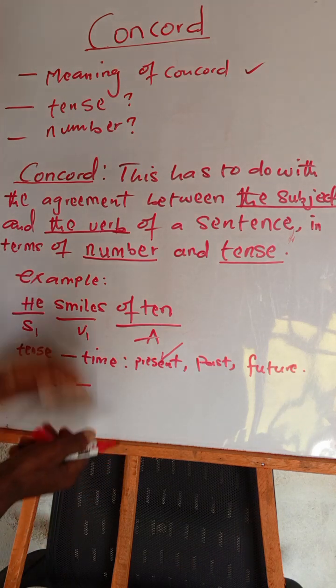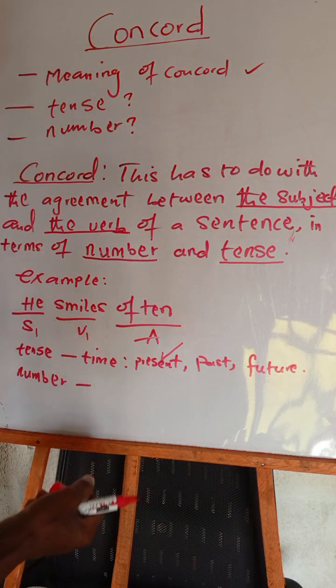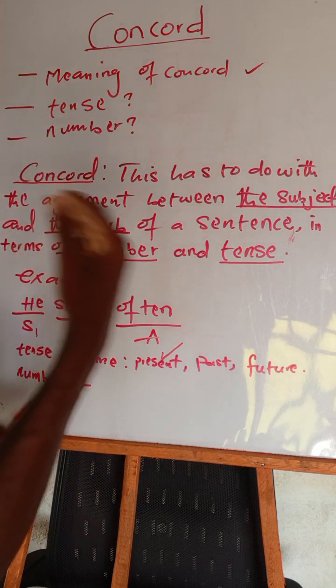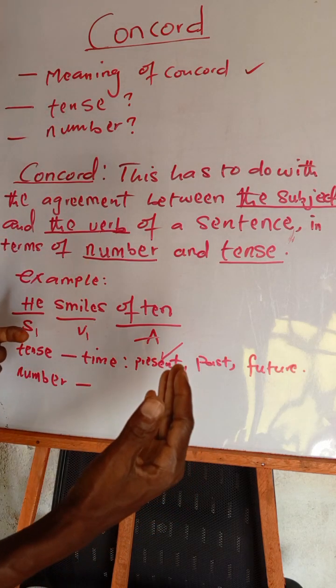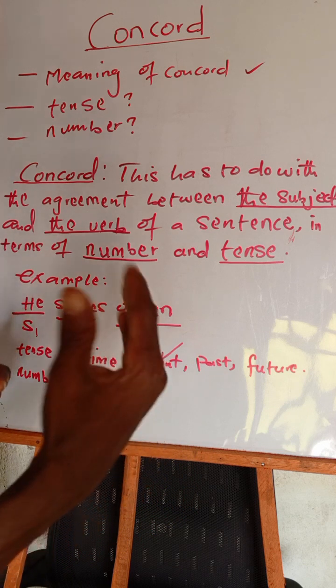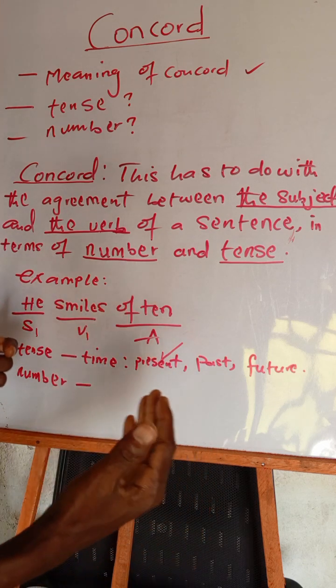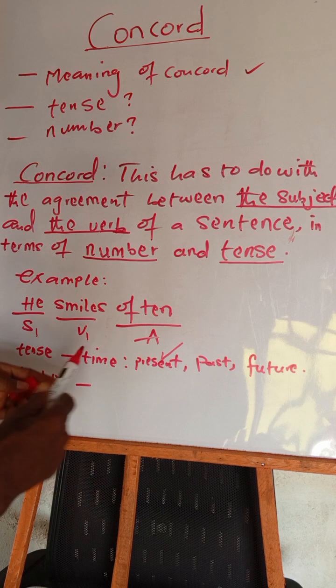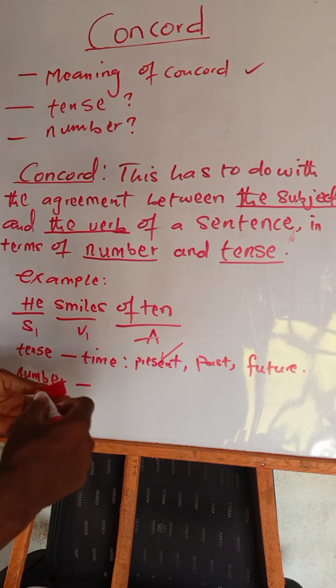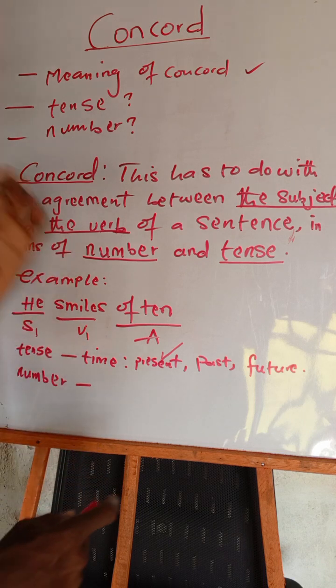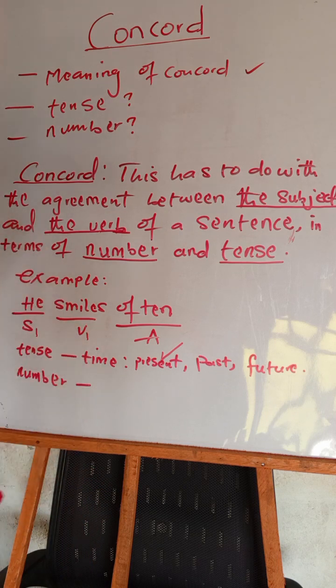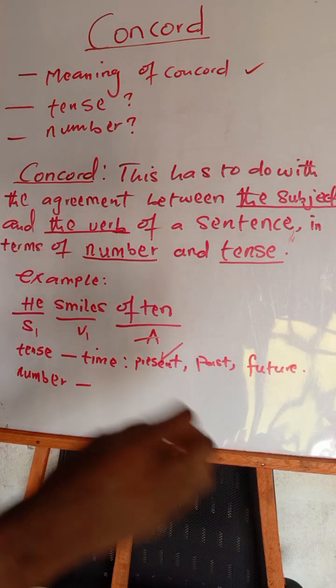So Concord is majorly looking at agreement between the subject and the verb, in terms of number and tense, to make a complete and sensible sentence. A sentence must agree in terms of number and tense.